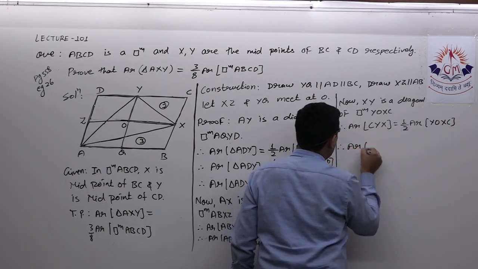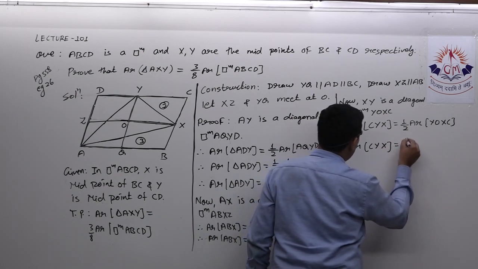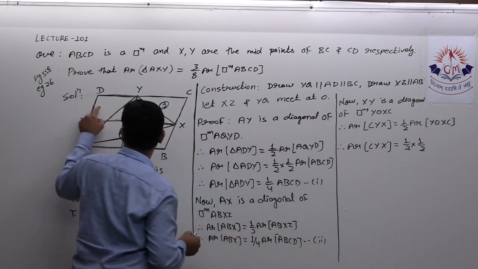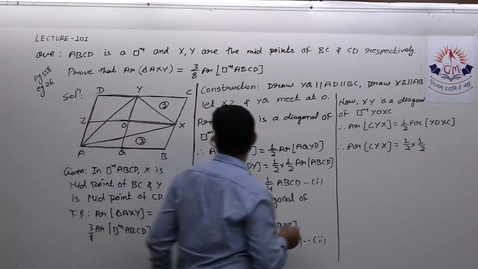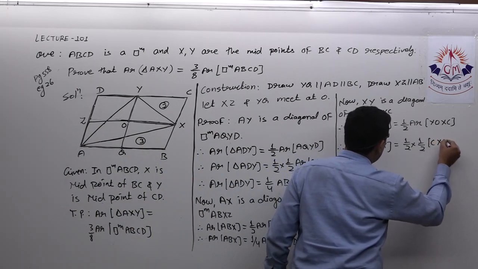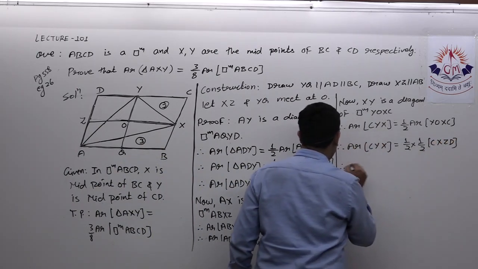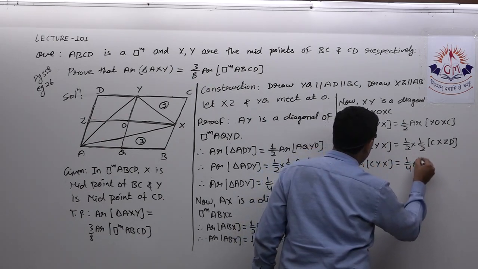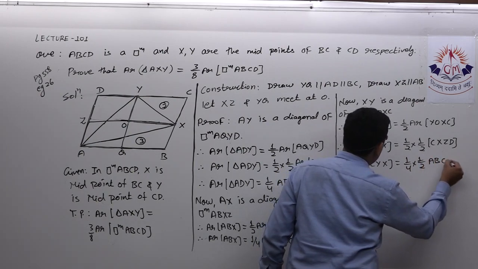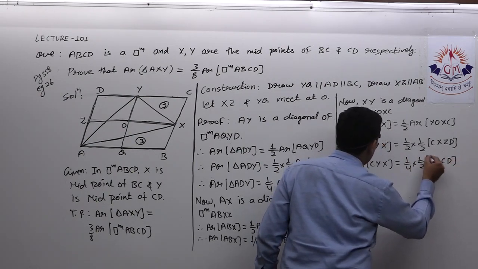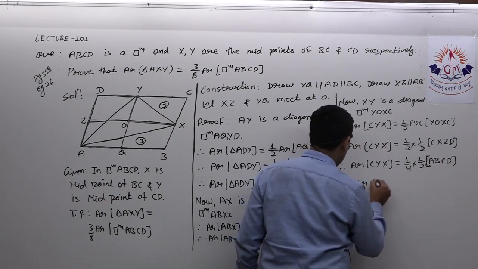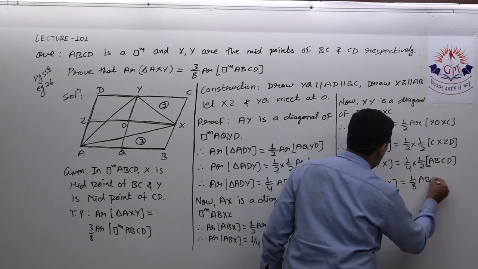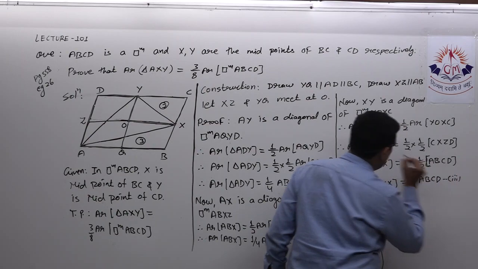Therefore area CYX is equal to 1 by 2 into 1 by 2. Now YOXC is half of CXZD, and CXZD is half of ABCD. 1 by 4 into 1 by 2 of ABCD. So ultimately here I can write area of CYX is equal to 1 by 8 of ABCD. Let it be equation number 3.